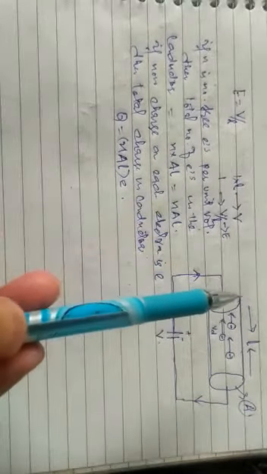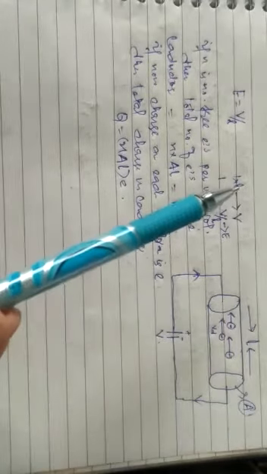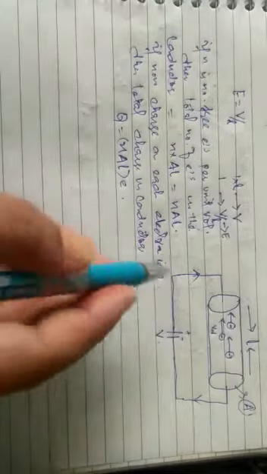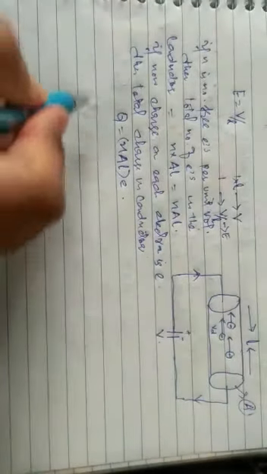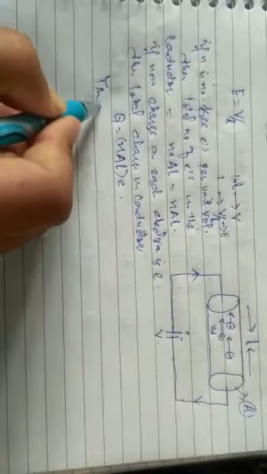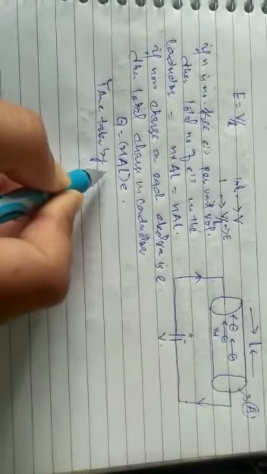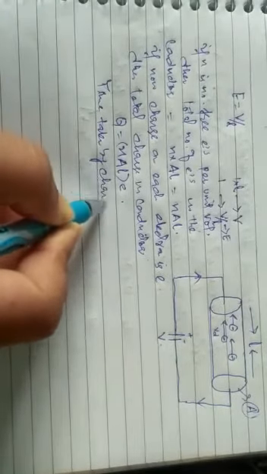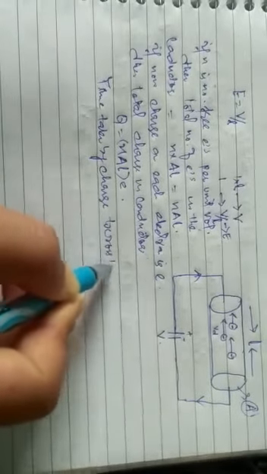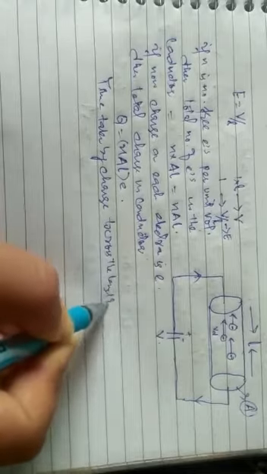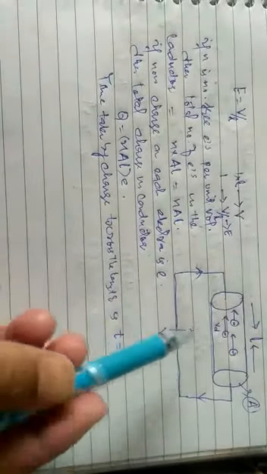Now the time taken by the charge to cross the length, as the electron has to move from one end to the other end. The time taken by the electron to cross the length L is t equals distance by speed.